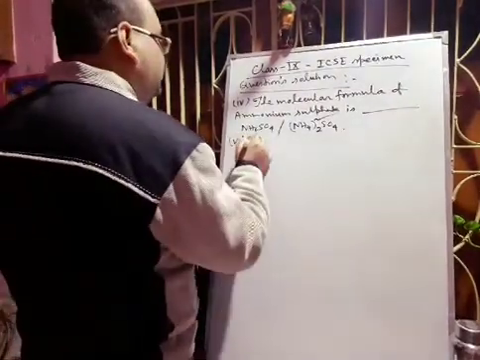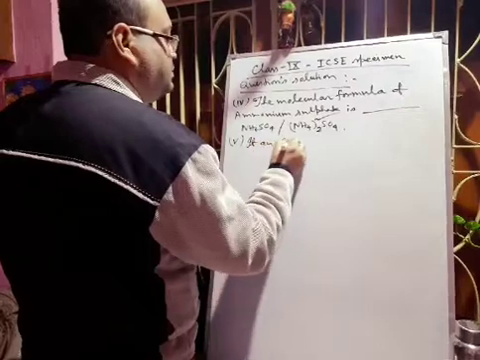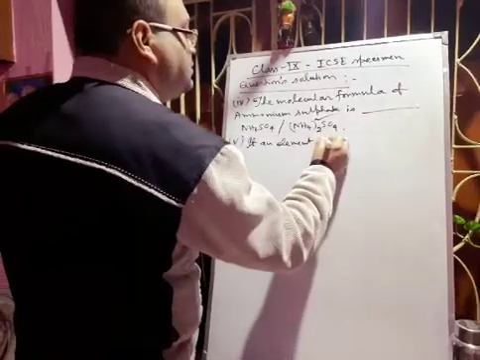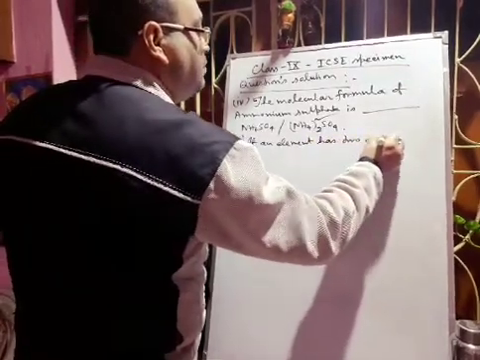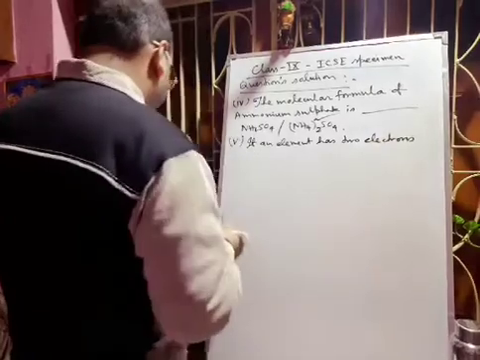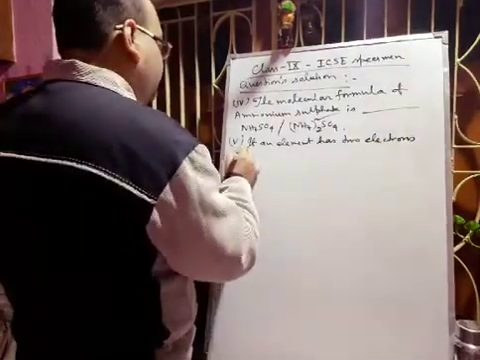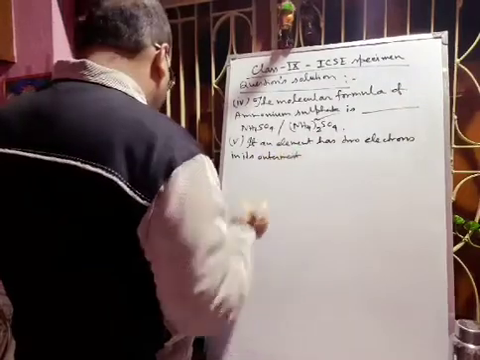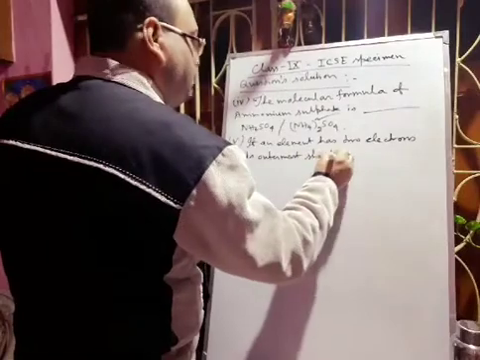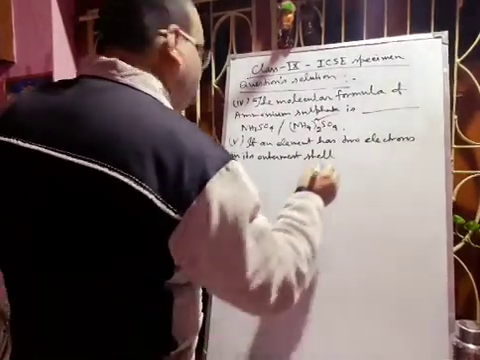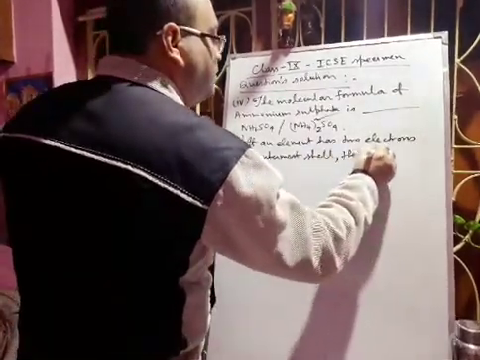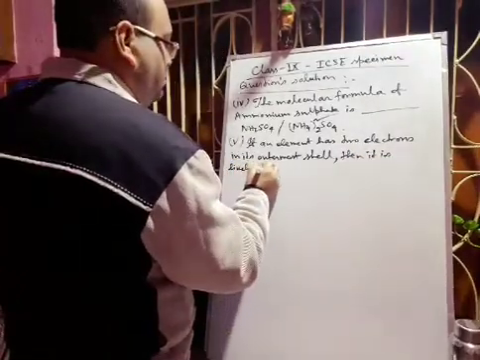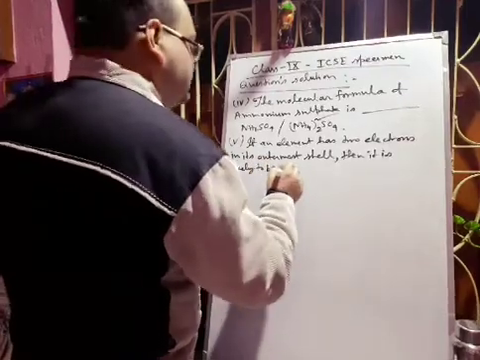Next, question number 5. If an element has 2 electrons in its outermost shell, then it is likely to be dash.